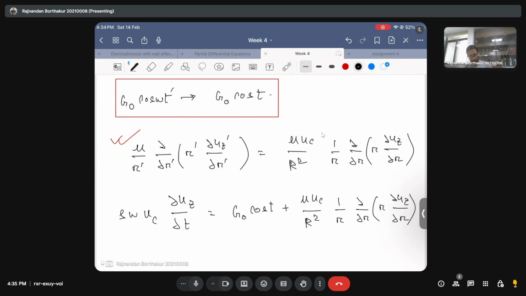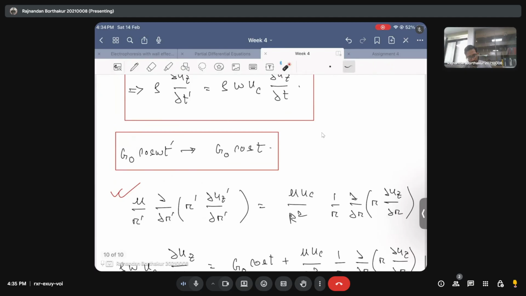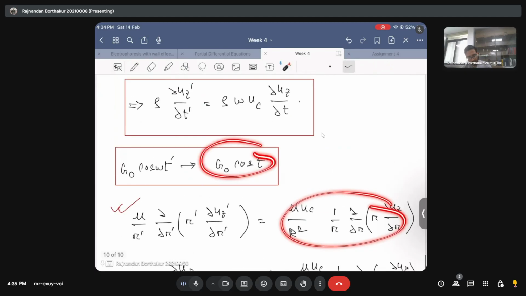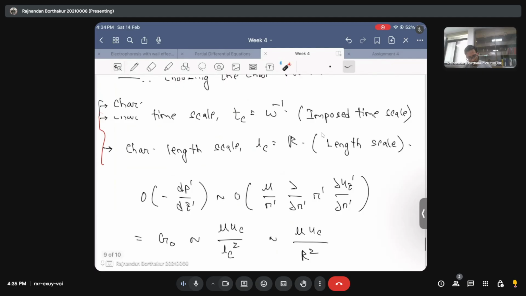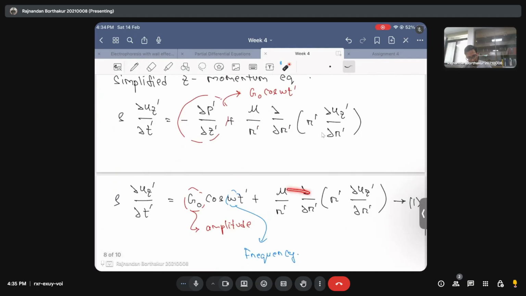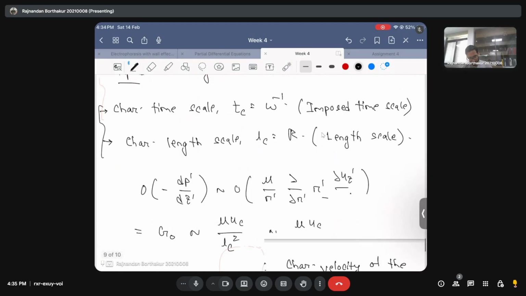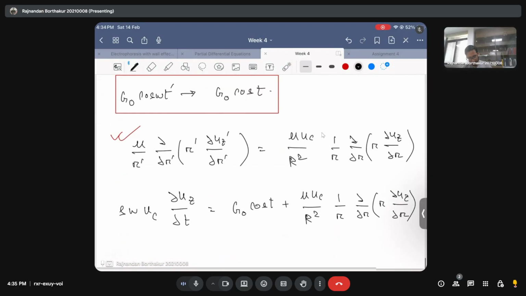Okay, so this you get when you substitute basically. What you're doing is substituting this and this in the main governing equation, which is this. Okay, all right, I hope things are clear.